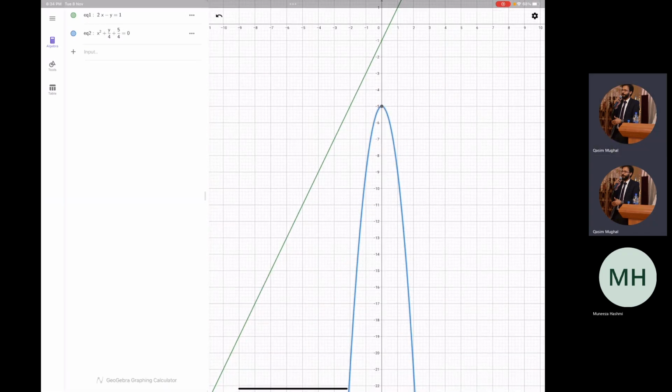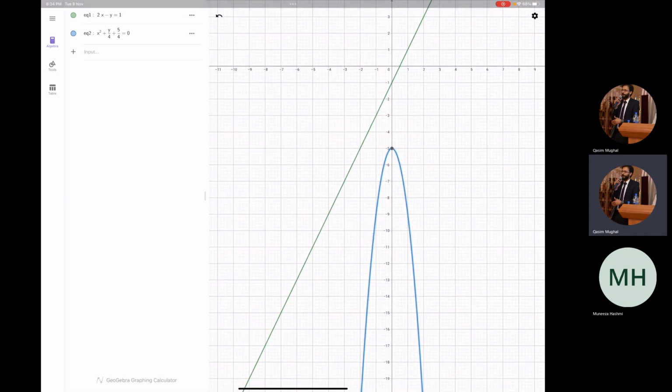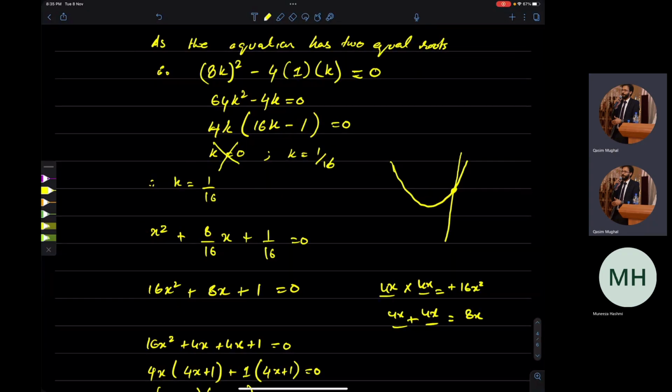No, doesn't show the intersection at all. X squared plus 4ky. 2x minus y equals 1, that's done. X squared plus 4k. K was, was it minus 1 by 4 or just 1 by?